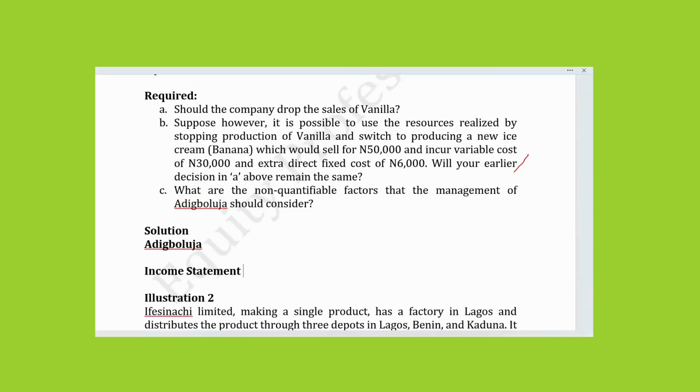Your focus is on the affected segment. Every other profitable segment is not required. It is that particular segment that the management is thinking of closing down that you are going to consider. Any other profitable segment should be ignored. So I will say income statement for vanilla.